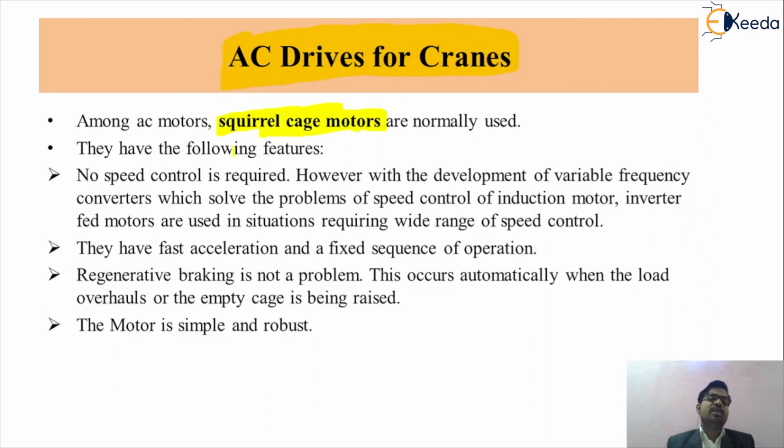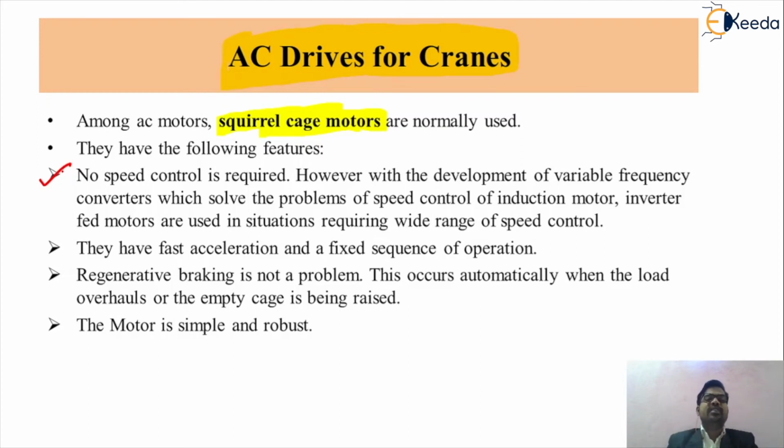So what are the different features that we are using? So friends, as we have seen, no speed control is required. However, with the development of variable frequency converters, which solve the problem of speed control of induction motors, inverter-fed motors are used in situations requiring a wide range of speed control.